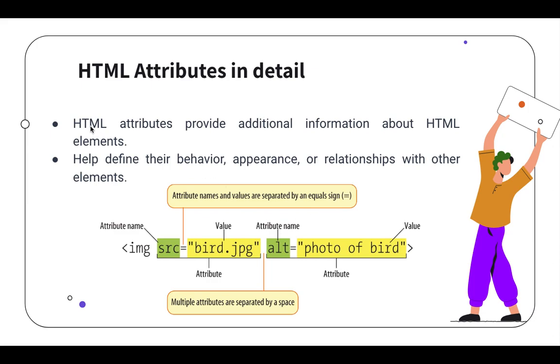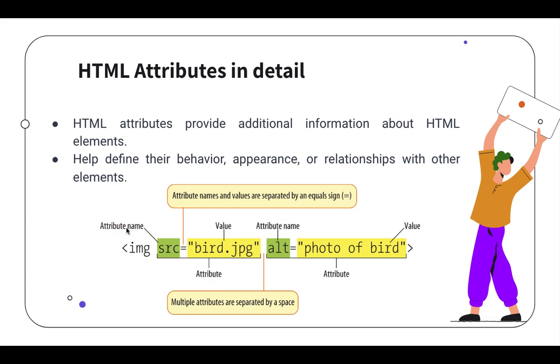Before going to the practice, we see here in the image we have one tag named img. This is the opening tag, and we know image is always an auto-closing tag, right?